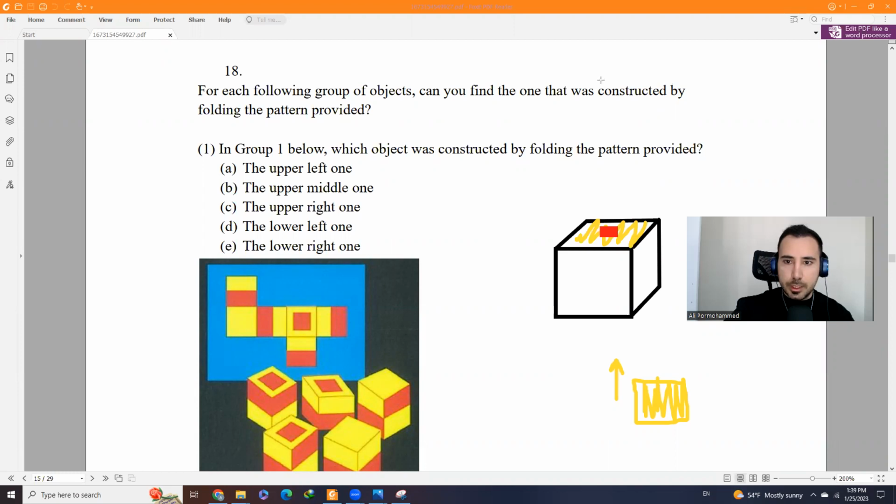So this one would be yellow. If this is on top, this one would be red. And the same thing goes on. This one, the top part would be yellow. The bottom part will be red.